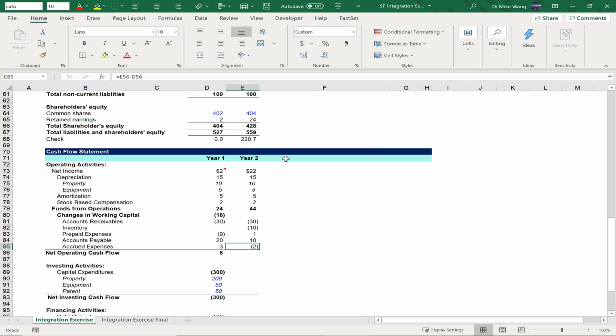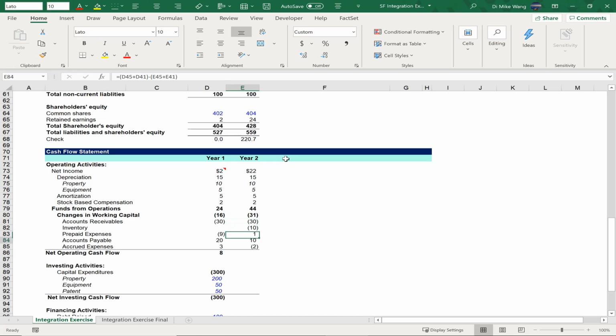Okay, summing up all these working capital items, we'll again copy over this formula. We can see that our working capital figure is negative 31. This means that in year 2, we had more money tied up in working capital, and most of that came from our increased accounts receivables balance.